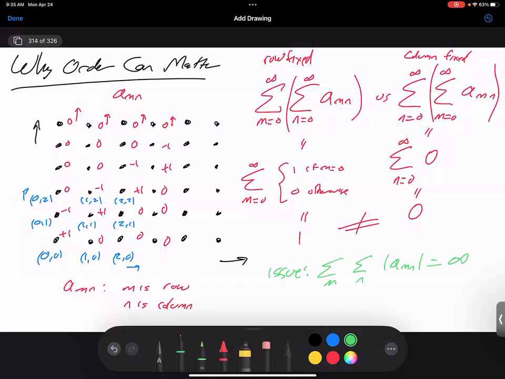One is that the region is infinite, and the other is that the sum of the absolute values is infinite. That causes problems. You might have seen a little bit of this in a Calc 2 class when they talk about integrals to infinity. If the integral of the absolute value diverges, then we have some issues with what the integral is. I don't want to go into too much detail about this.